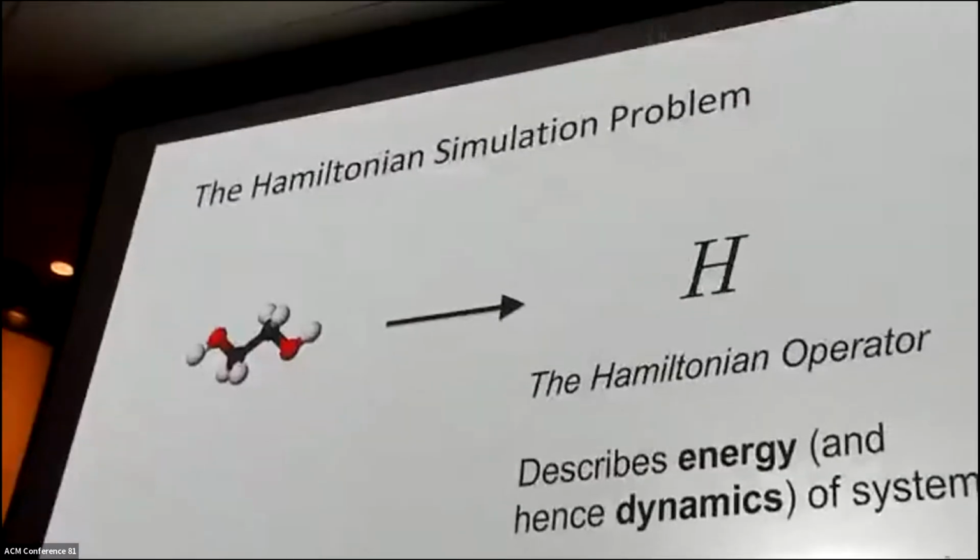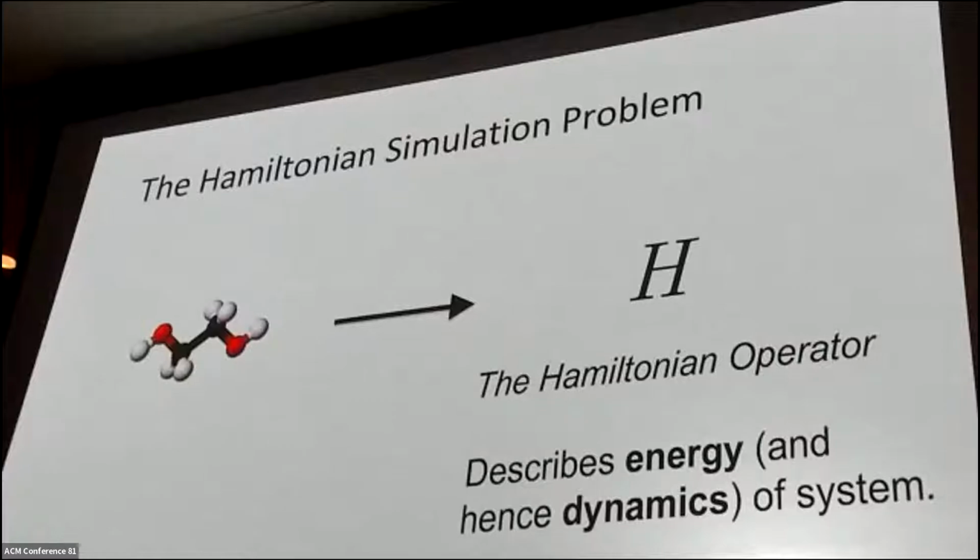And we think a significant chunk of those bars in Ken's bar charts is on the simulation of coherent quantum systems. So we expect this to be a very prominent early application of quantum computers.